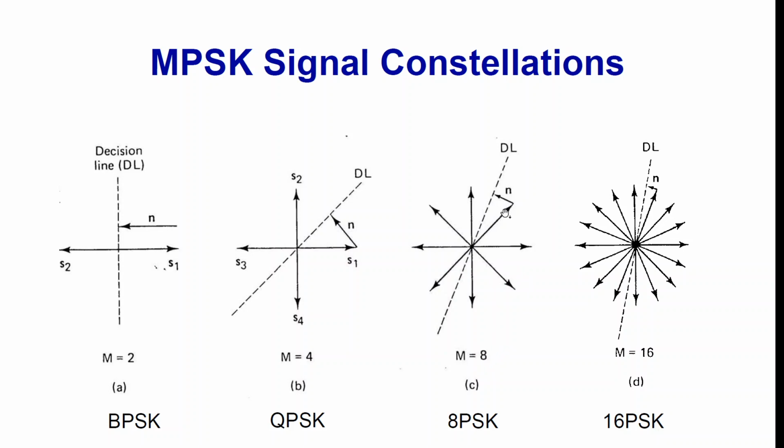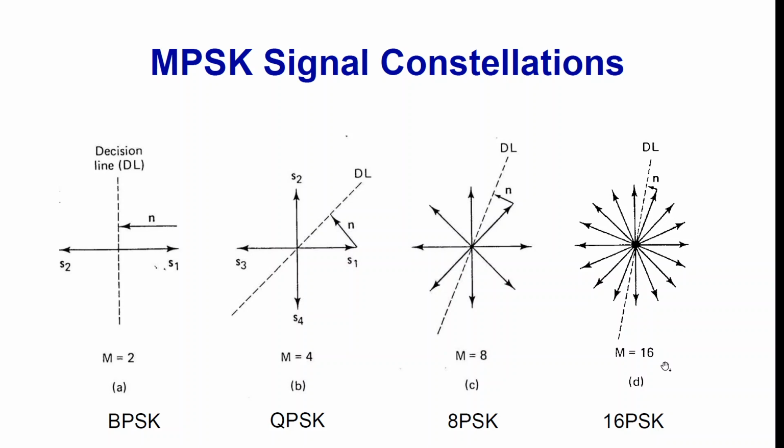So you will have 8 different phases, each representing a particular signal. So M equal to 8 here, so you will have 8 signals. These 8 signals will be represented as 8 points in this 2D space defined by phi 1 of t and phi 2 of t. So 1, 2, 3, 4, 5, 6, 7, 8. These are the 8 points.